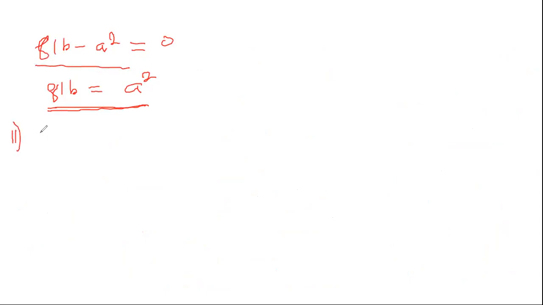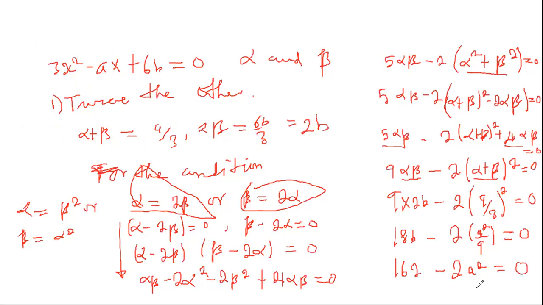So we already had our sum alpha plus beta, which was a over 3. Then alpha beta, which was 2b. Was it 2b? Yes, 2b.